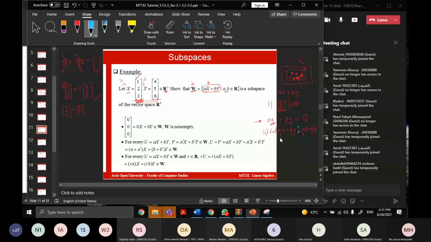This is the first vector. This is the second vector. How can I add? It's easy.